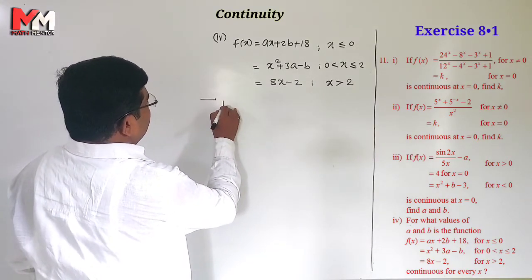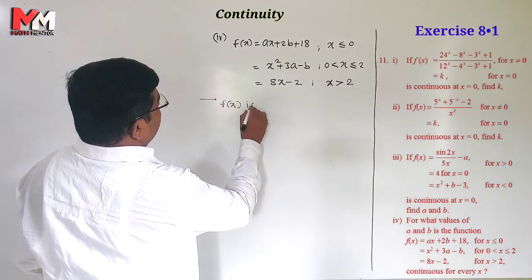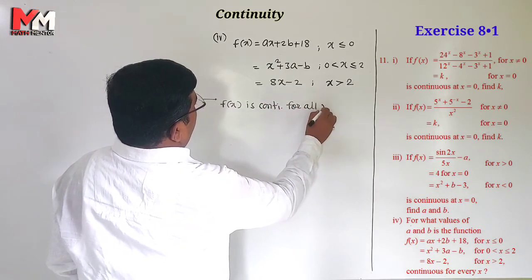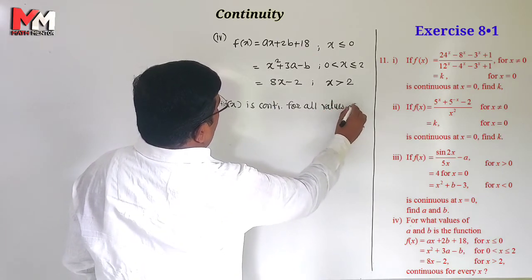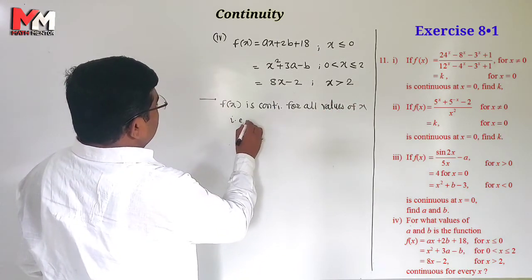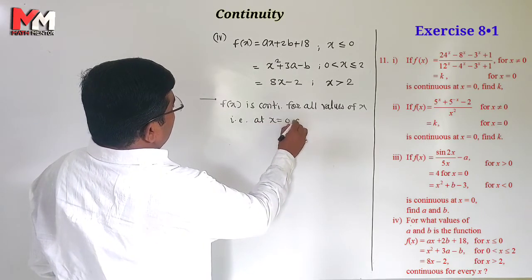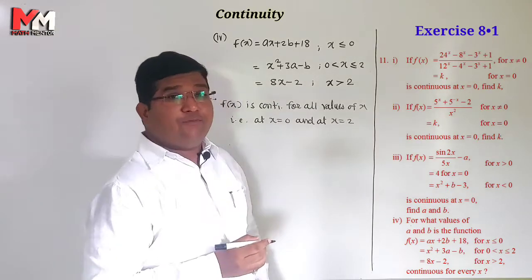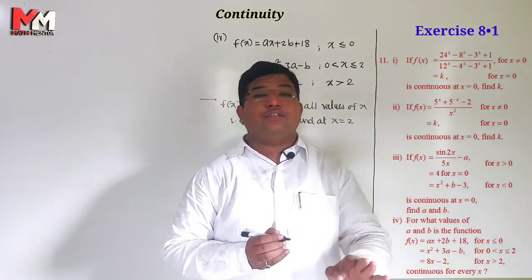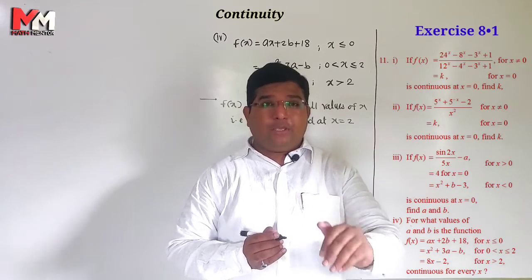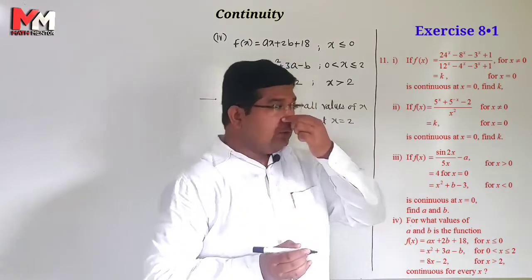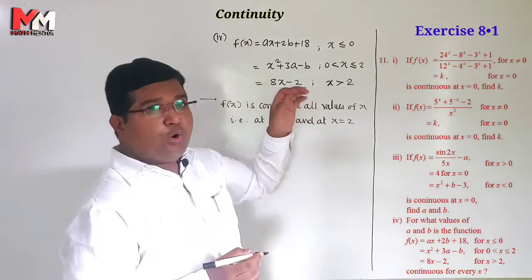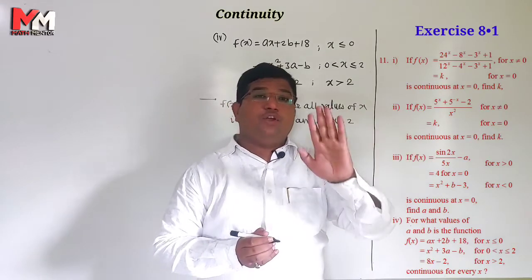So f of x is continuous for all values of x, that is at x is equal to 0 and at x is equal to 2. So we have to find a and b, for what values of a and b the function is continuous. So these all three equations are polynomial functions and we know that polynomial functions are continuous for every value of x.